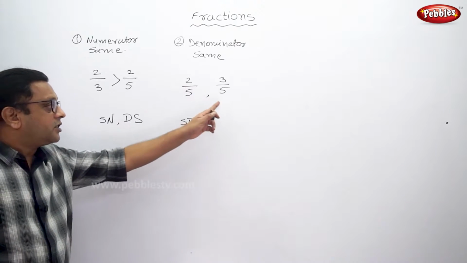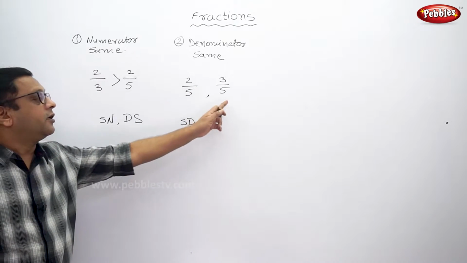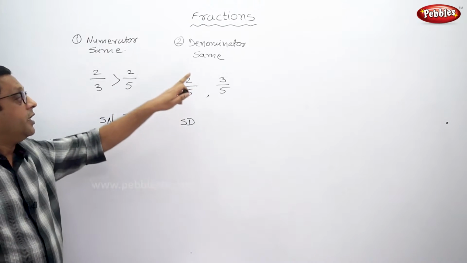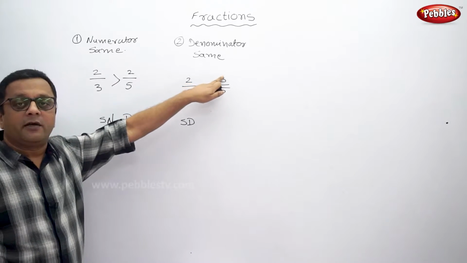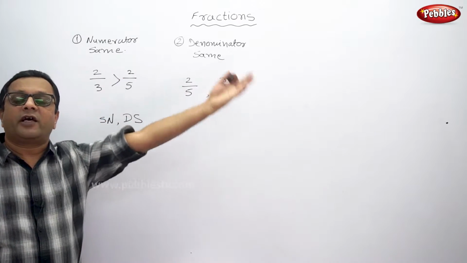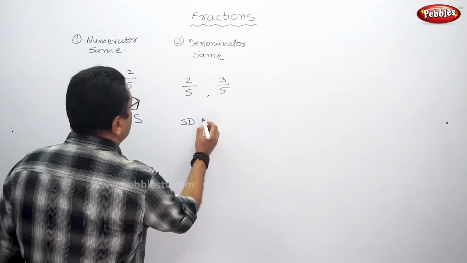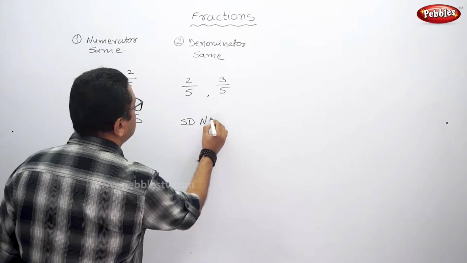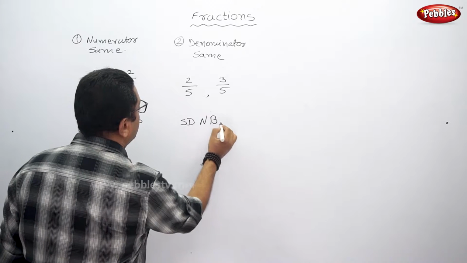In this case, if the denominators of two fractions are the same, then the bigger numerator means the bigger fraction. So here the numerator is bigger, so the fraction is bigger.